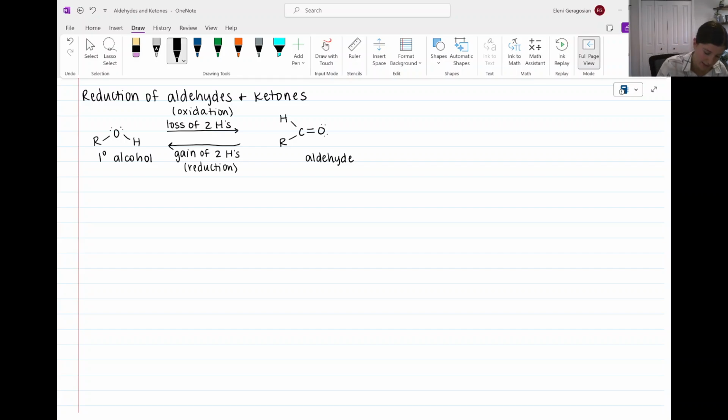If we have a secondary alcohol and oxidize that to form a ketone, let's draw out this alcohol. So we have a carbon bonded to an alcohol group. Secondary alcohol means that carbon is then bonded to two other carbon groups and one hydrogen.